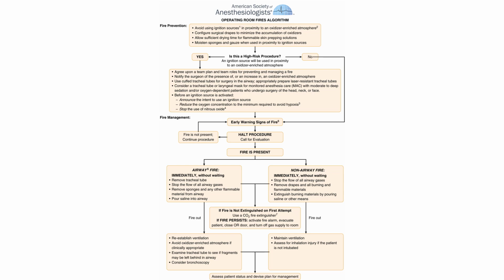If the fire extinguisher doesn't work, then activate the fire alarm, evacuate the patient. You want to close the operating room door and turn off the gas supply to the entire OR. So again, very important for both airway and non-airway fires is the first thing is to stop the flow of all airway gases, because you're trying to stop the source of the oxidizer, and then extinguish the fire.